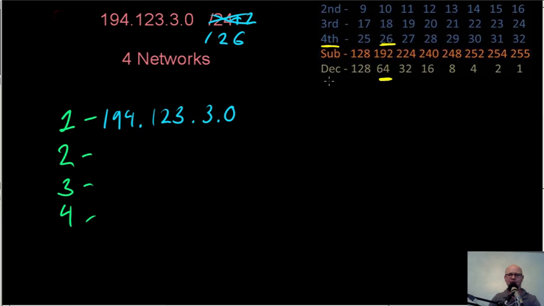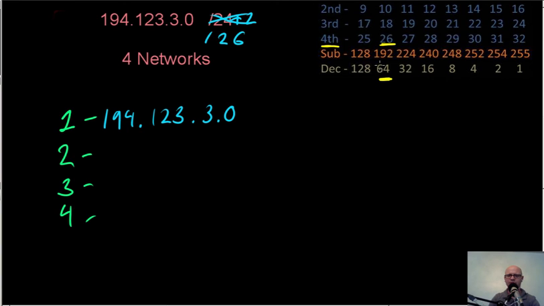Now, just as a little review, what do you think our subnet mask is going to be, in dotted decimal format at least? Last time I took a dotted decimal subnet mask and translated it into a CIDR subnet mask. You can do the opposite.